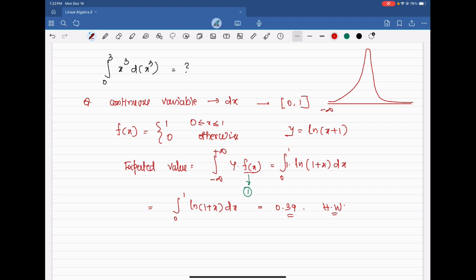This is minus infinity, this is plus infinity, and the values of x will be after a certain limit, usually called the 95% confidence level.